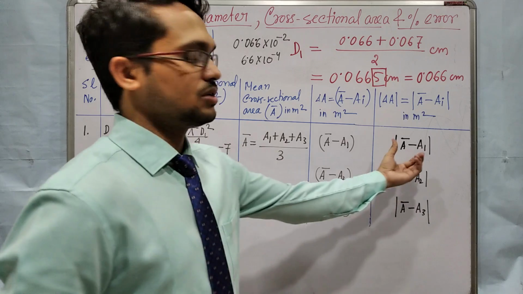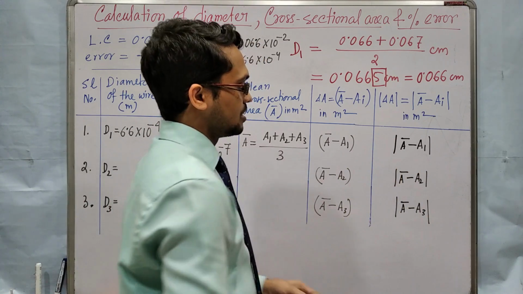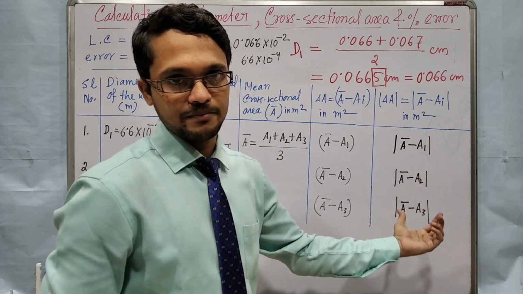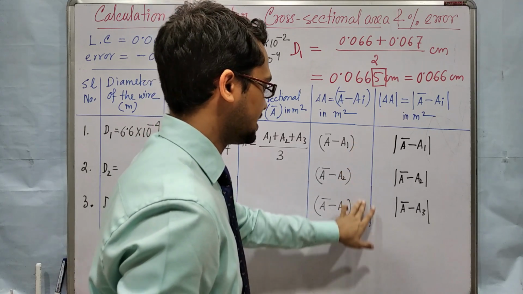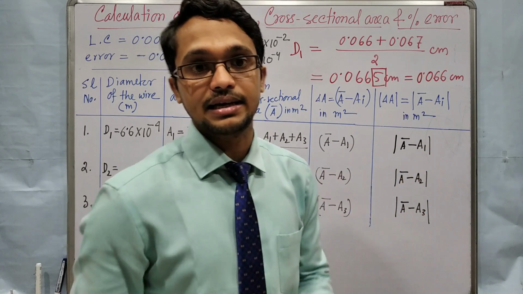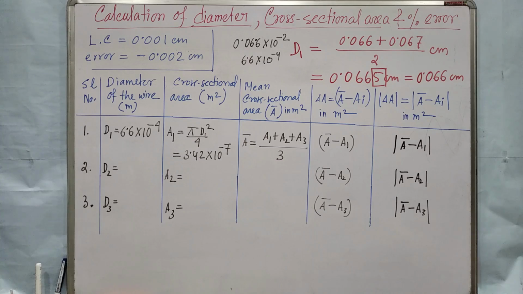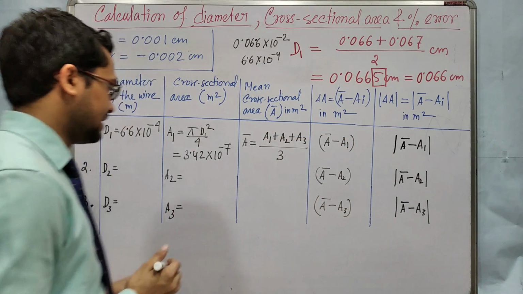Here no need to use the formula, you will only write the values without the negative sign. Whatever result you get in the previous column, you will write the same data here without the negative sign. This is the modulus. Clear? So this is the total table for cross sectional area.